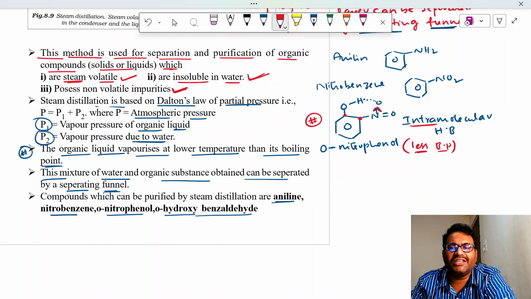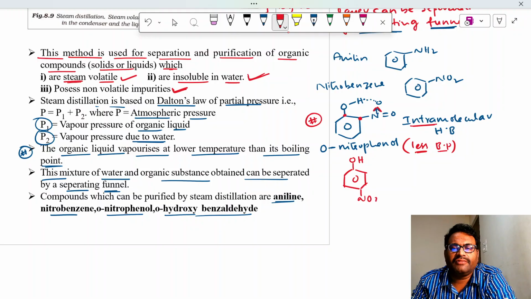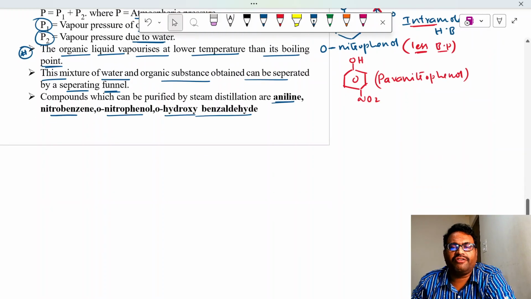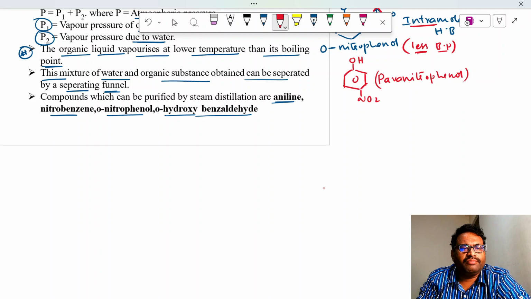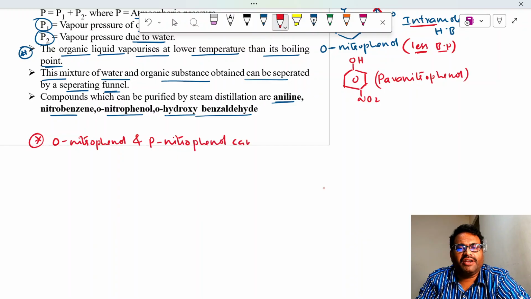You will be asked a question: orthonitrophenol and paranitrophenol can be separated by what process?